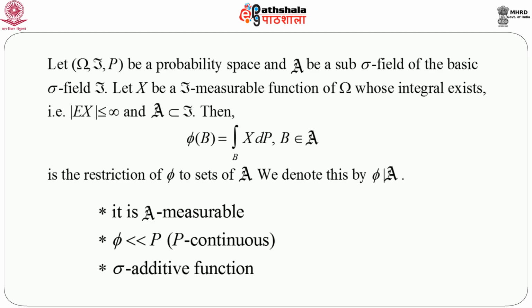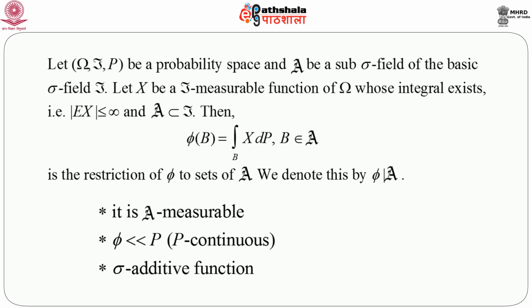Then we can write φ(B) = ∫_B X dP, where B belongs to 𝓐. Now, 𝓐 is a sub sigma field, so this φ(B) is a restriction of φ to sets of 𝓐, and we denote this by φ given 𝓐, or φ conditioned on 𝓐. So, here comes the additional information through 𝓐.